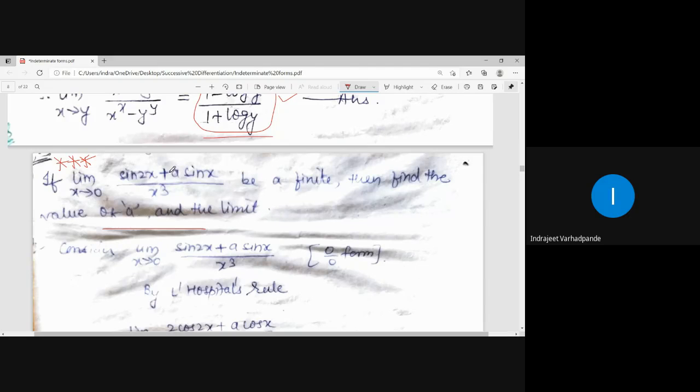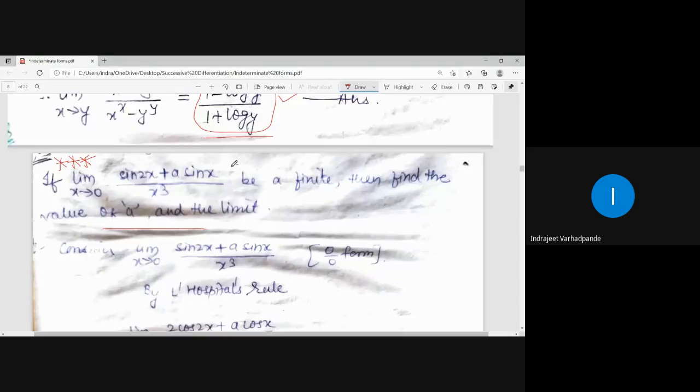But here when you put the limit, sin 0 is 0 and sin 2x is also 0, but 0 plus a is not giving you 0.